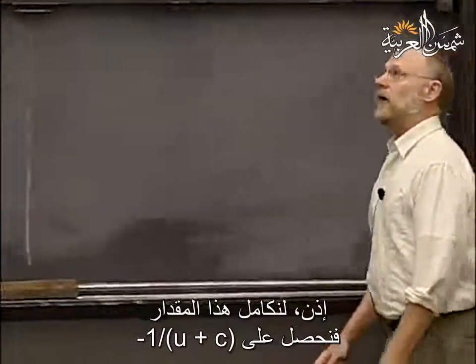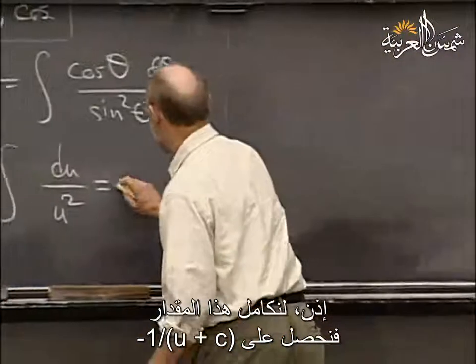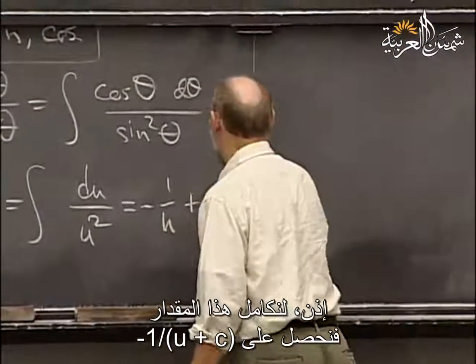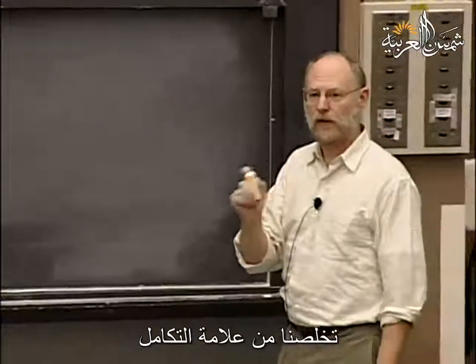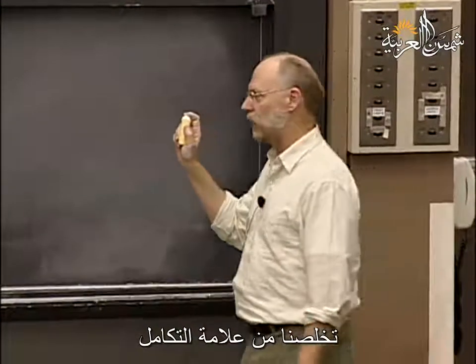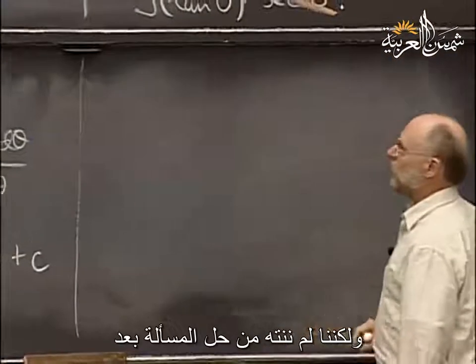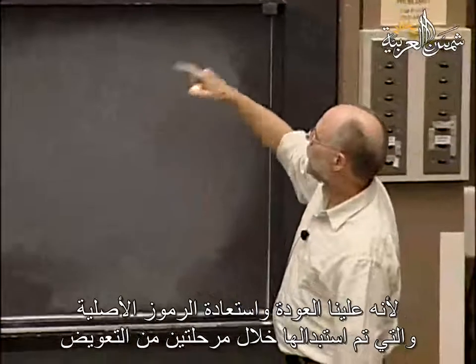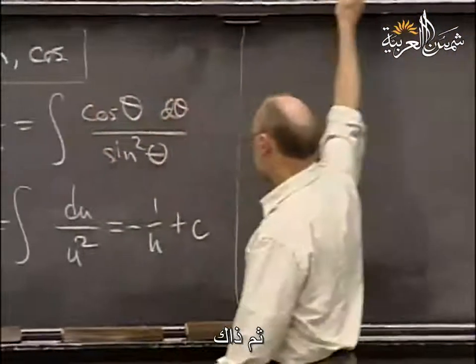So I integrate u to the minus 2 du, and I get minus 1 over u plus a constant. And I'm done with the calculus part of this problem. I've done the integral now, gotten rid of the integral sign. But I'm not quite done with the problem yet, because I have to work my way back through two substitutions. First this one, and then this one.